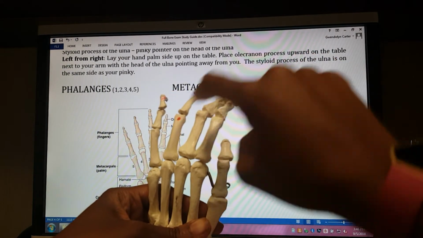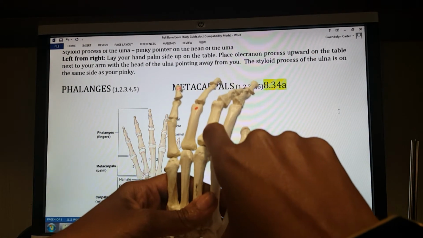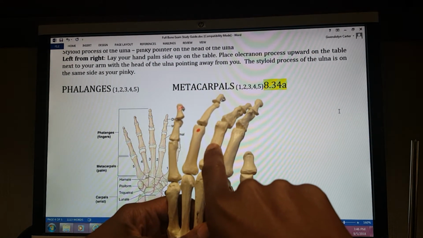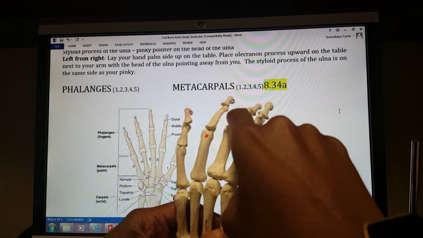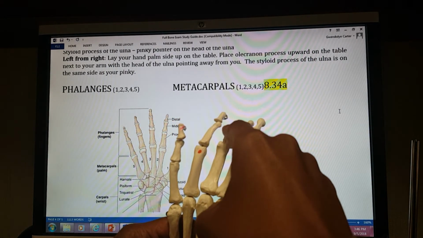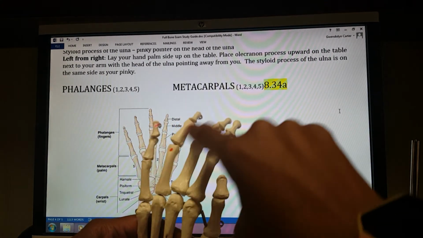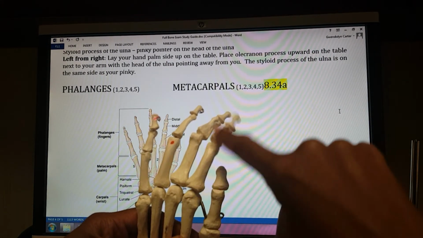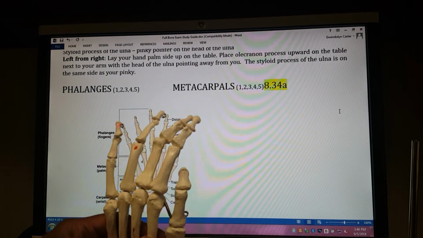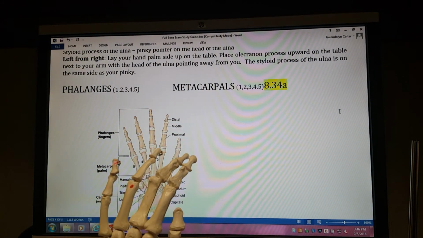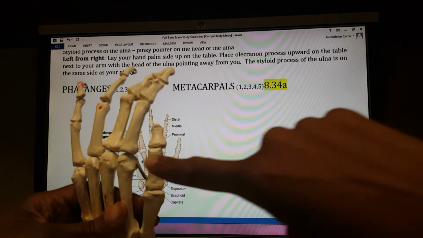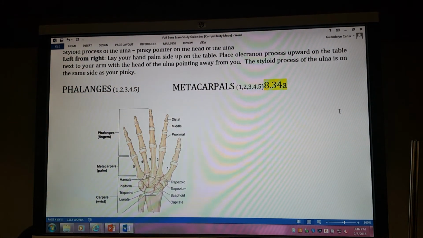Moving over, let's go to the middle finger. We have our proximal phalange number 3, our medial or middle phalange number 3, and our distal phalange number 3. Same numbering system for 4, 5, 2 for each finger. Each finger has that same name, and then it's based on the distance.